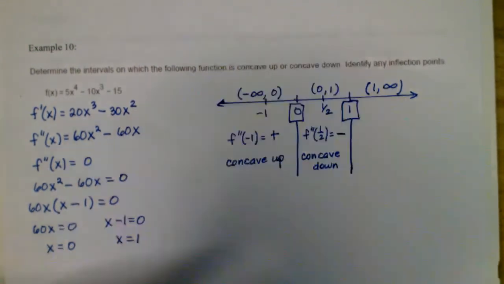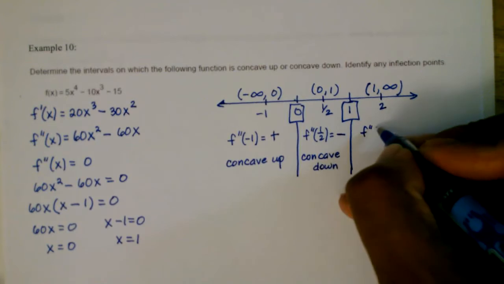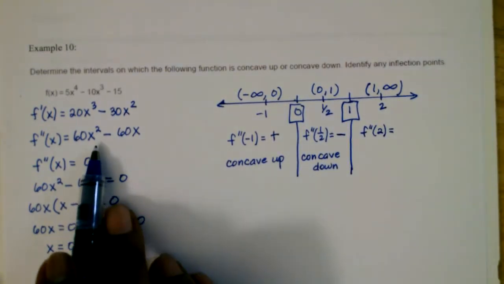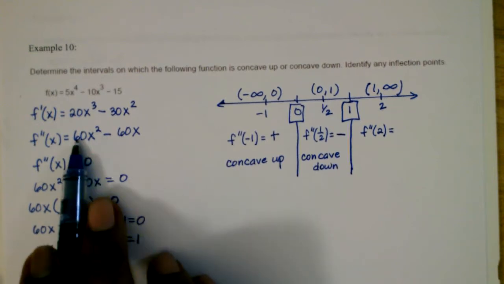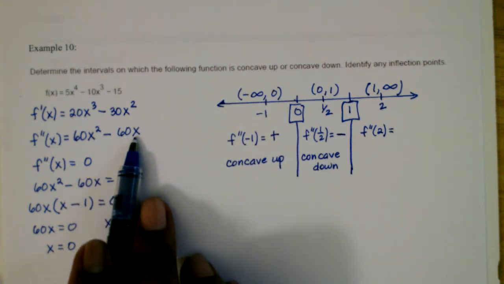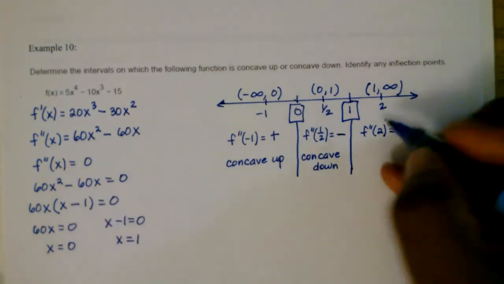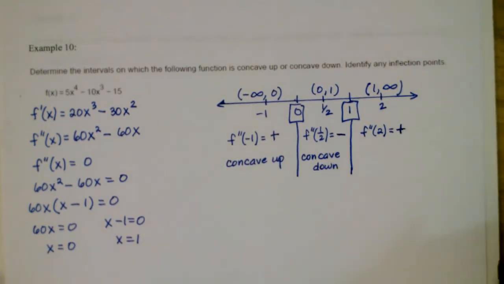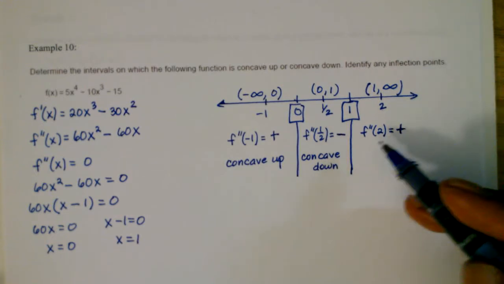And now for 1 to infinity, I'll use 2 as a test value. So f double prime of 2, if I do this in my head, now if you want to, you can do this in the calculator. 2 squared is 4 times 60 is 240. This is 60 times 2, that's 120. So 240 minus 120, that's going to give me a positive number. So that means that f double prime of 2, for 1 to infinity, my second derivative values will be positive.